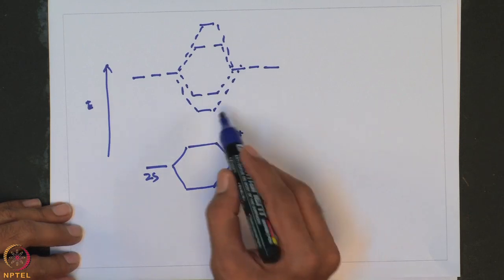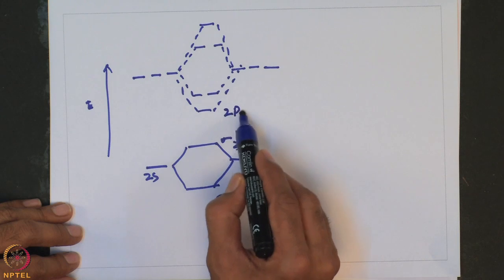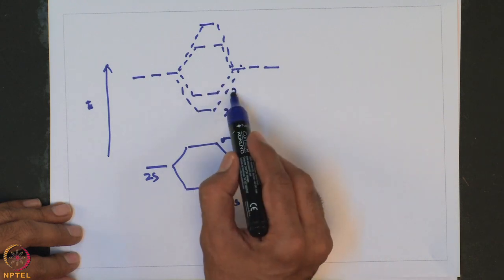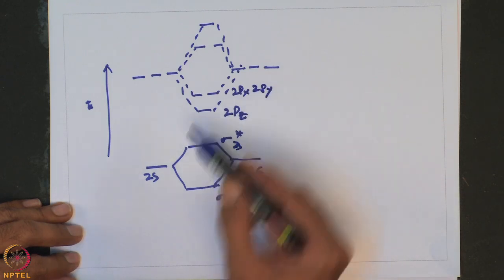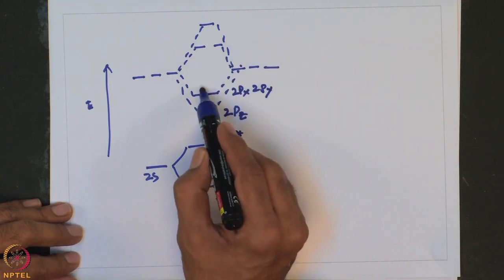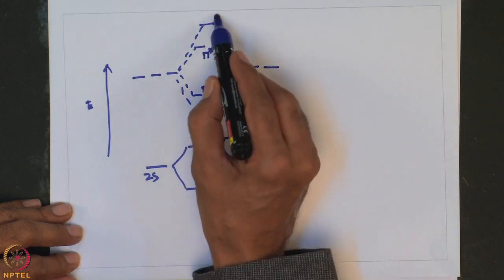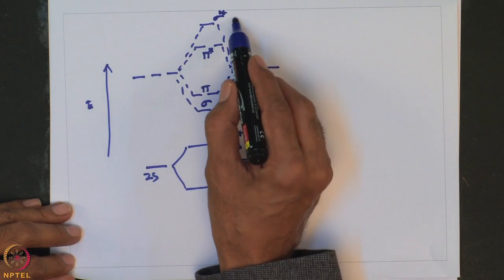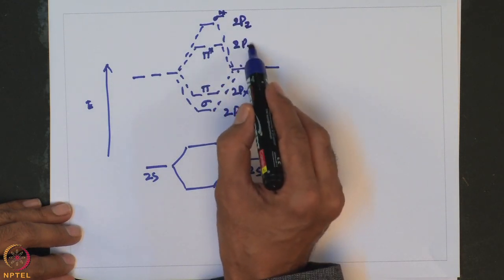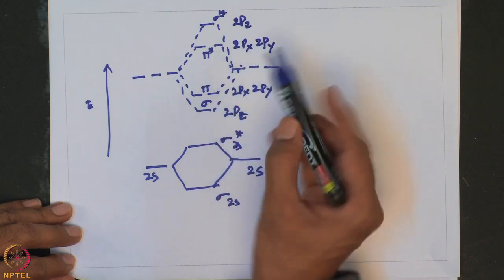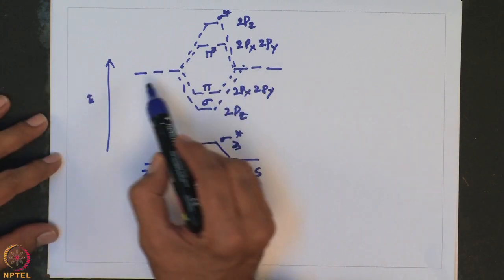Essentially here it is 2pz, and here it is 2px and 2py. Same thing here, and here it is pi and sigma and pi star and sigma star, and here it is 2pz, and here 2px, 2py. Of course, I have just considered the 2p situation; one can also write 3p and all those things.